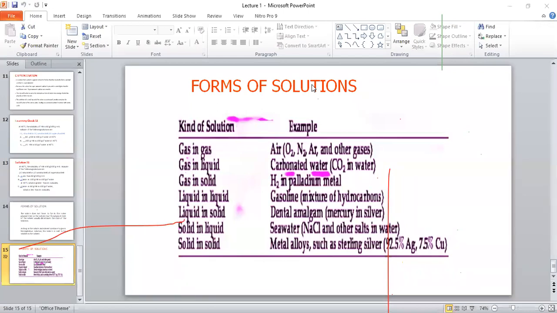Yes, it's homogeneous. Every solution is a homogeneous mixture. That is, you cannot differentiate between one and another. It's not separated out. Everything is in regular uniform composition, uniformly arranged and mixed and blended.